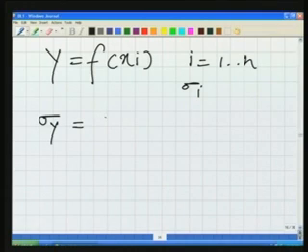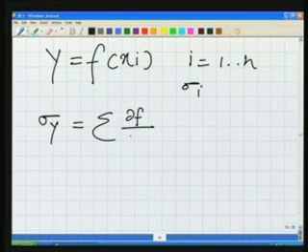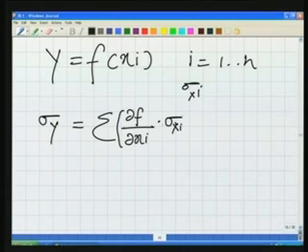So this is given by, as we write here, sigma y squared equals the sum of the partial derivative of f with respect to x i, multiplied by the standard deviation of that variable, and the square of these, and here also it is square.